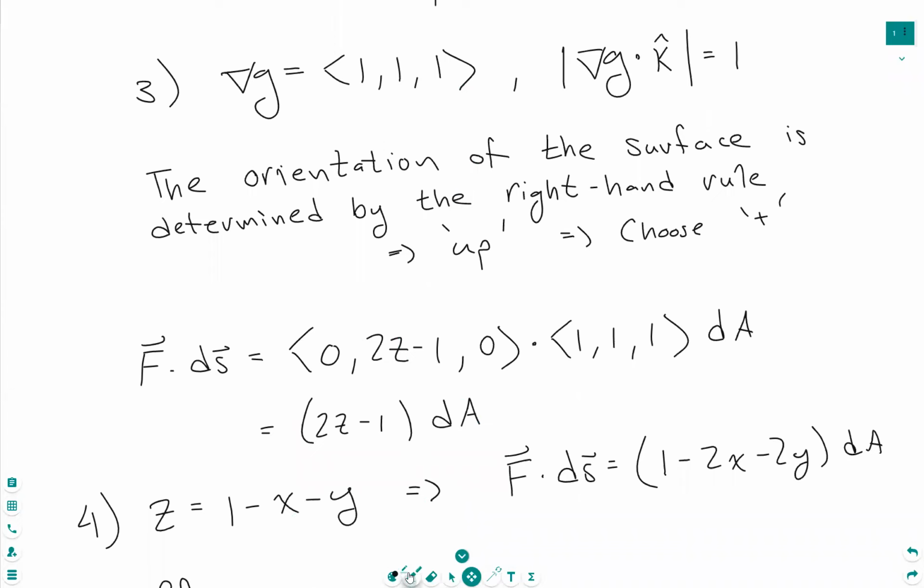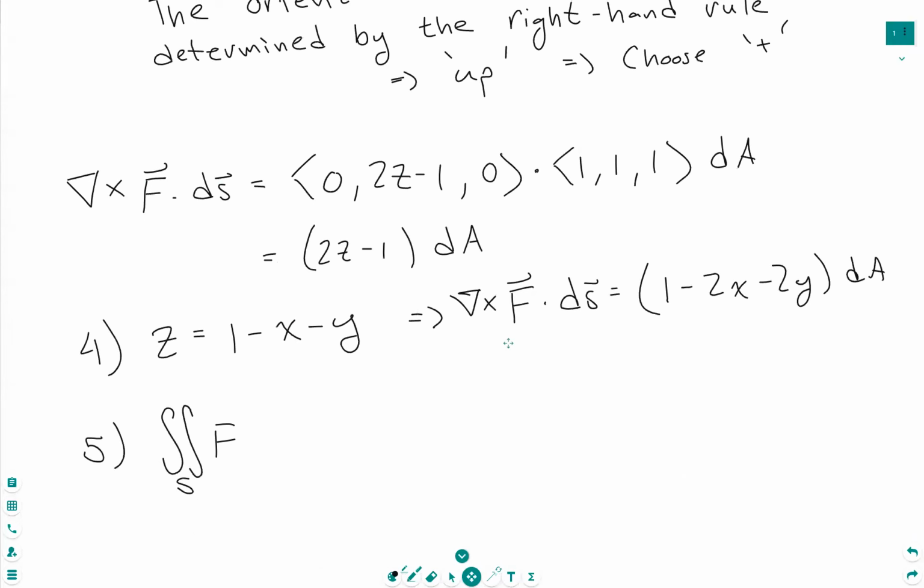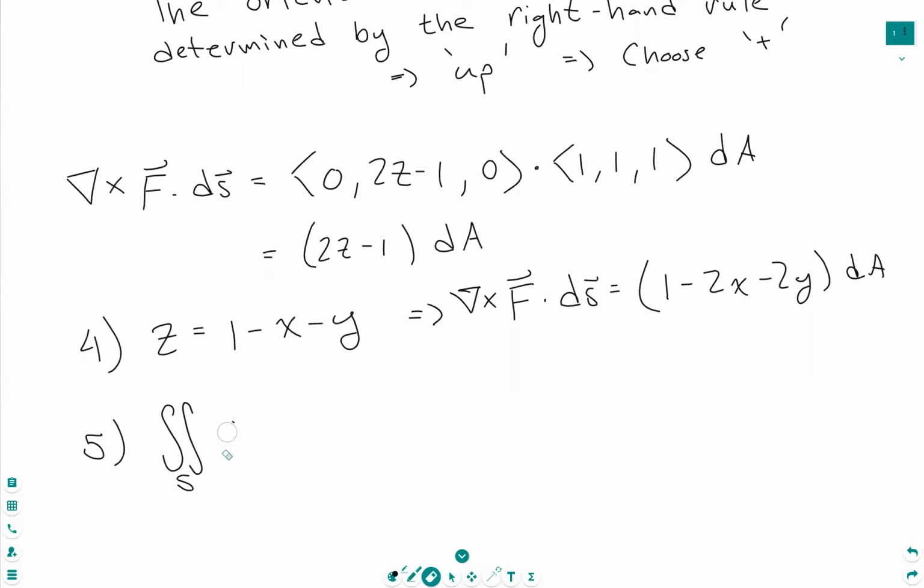This should have been the curl of f, like that, because that's what we're trying to calculate. There we go. Just because we called this f up above, but we really needed to look at the curl of f.